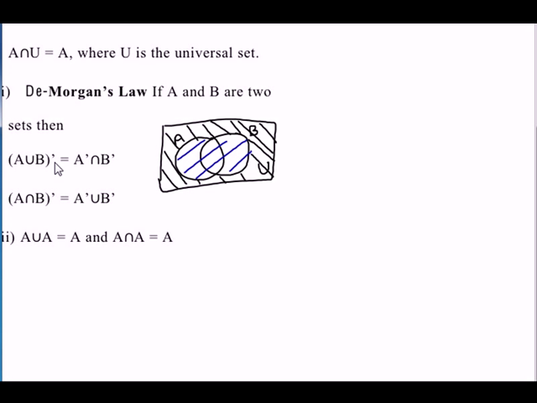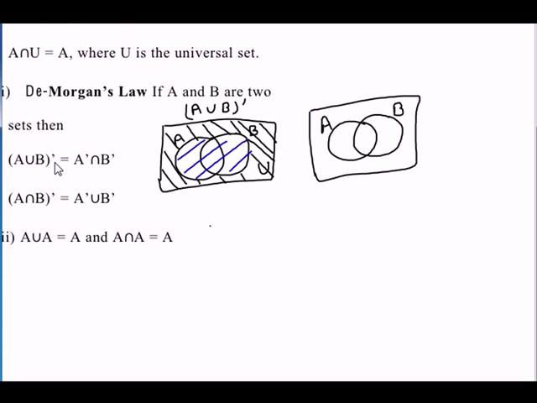So let me just write it here. So this diagram now is A union B complement. And now if we go further, let's try to find what is A complement. So this is my set A, this is my set B, and this is my universal set.